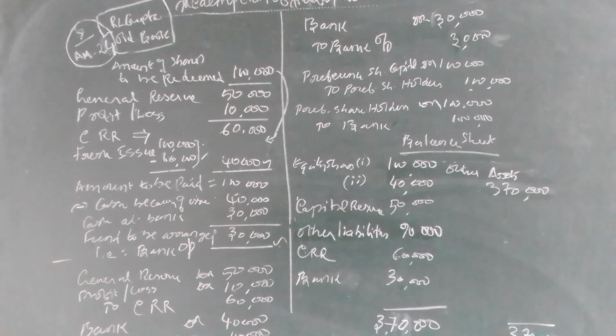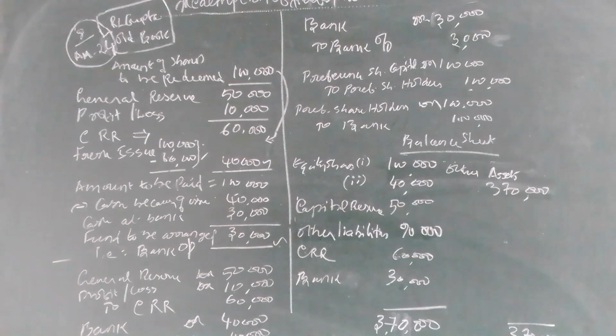So what should we do? That deficit of 30,000 is arranged by way of overdraft or sale of assets, that is investments, etc. In this question there is no mention of sale of investments, etc. So we have to arrange an overdraft. Overdraft should be raised for making the payment. We have to arrange 30,000 rupees overdraft.